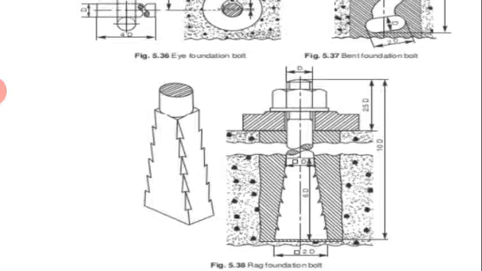The lower part of the rag foundation bolt has a diameter of 2D at the bottom, and the height of the tapered portion is 6D, 60 mm. After that our rag foundation bolt is completed.